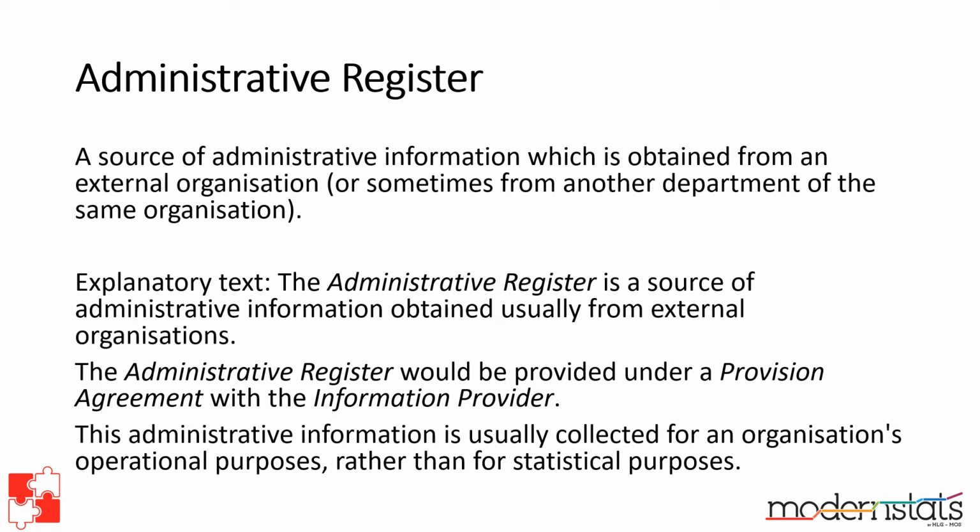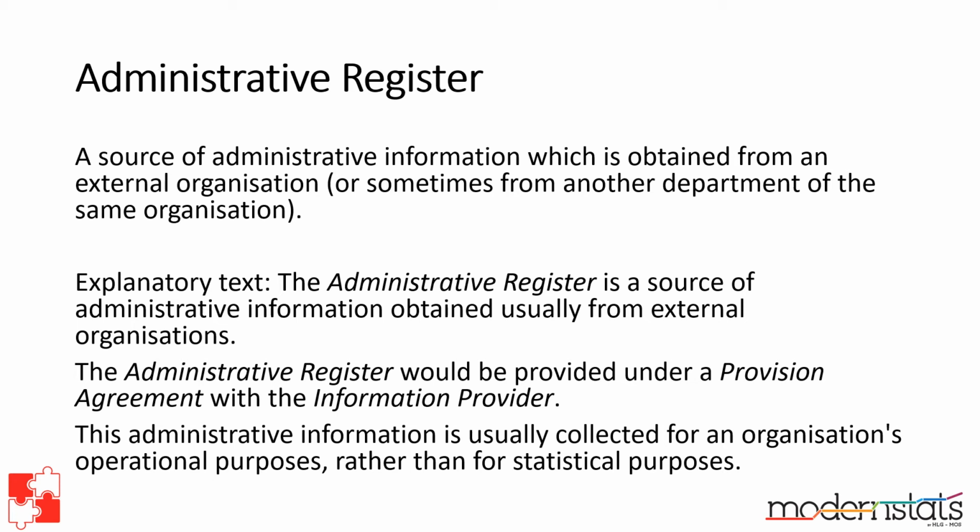Your administrative register is a source of administrative information which is obtained from an external organization, but sometimes from another department of the same organization. The administrative register is a source of administrative information obtained usually from external organizations. It would be provided under provision agreement with the information provider.